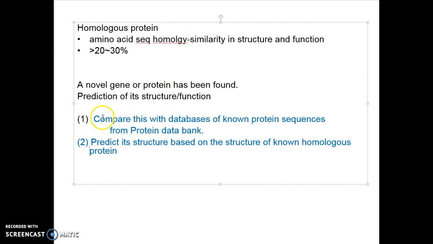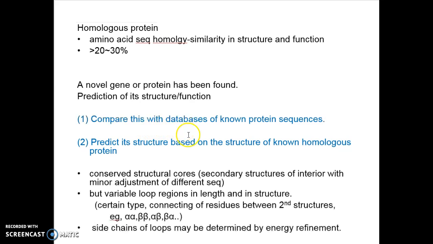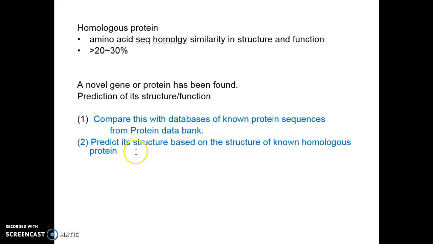First, compare this novel protein with a database of known protein sequences from the Protein Data Bank. The next step is to predict its structure based on the structure of a known homologous protein.